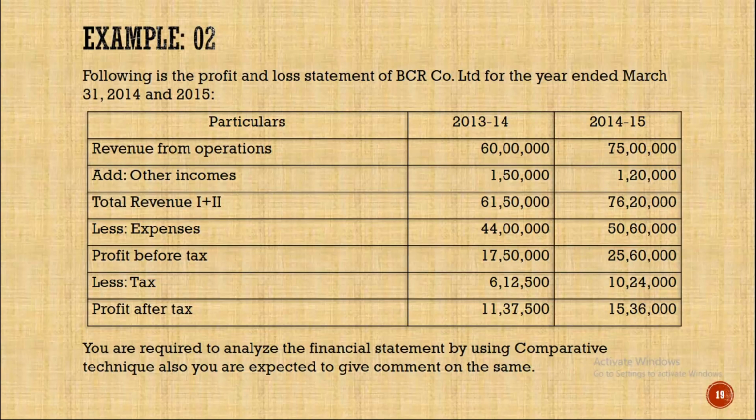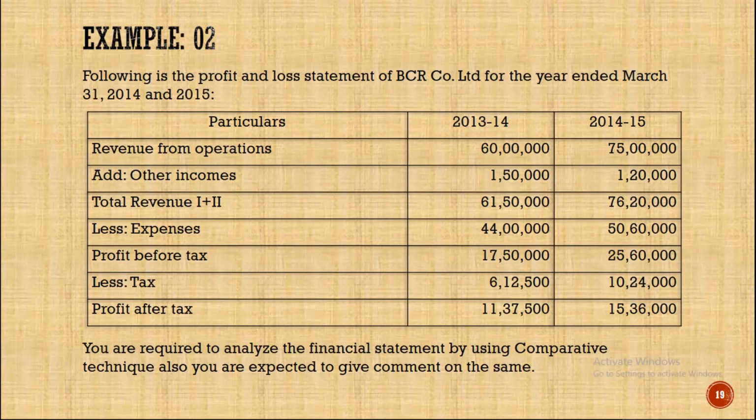So this is the information given concerning BCR Company Limited, and you are required to analyze the financial statement by using the comparative technique, and it is expected that you should give comments on the performance of the organization.